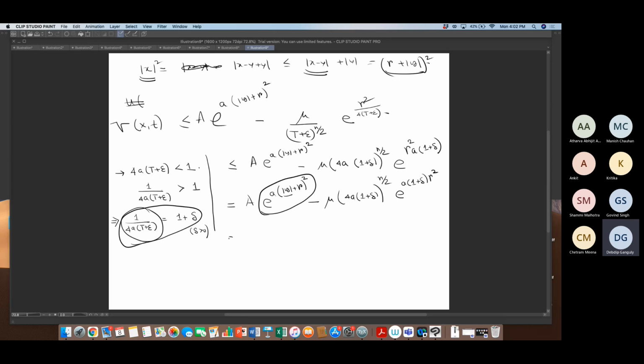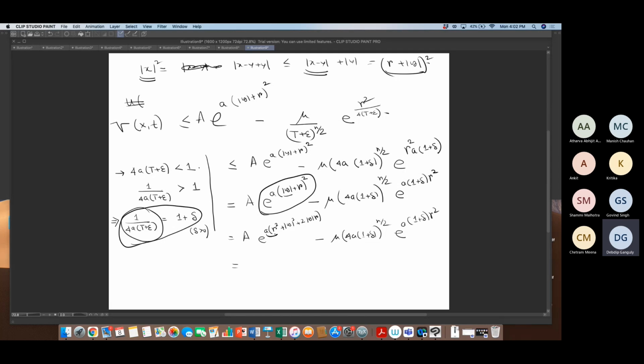If you break this, a e to the power a r square mod y square plus 2 mod y r, right? Minus mu, a constant, a 1 plus delta n by 2 e to the power a 1 plus delta r square. Okay?